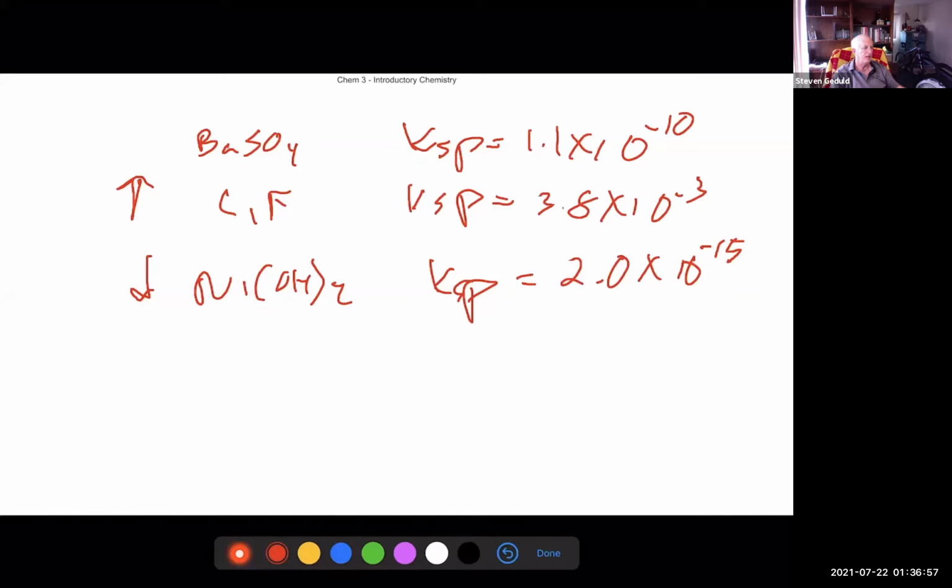And one more thing here. We can also use equilibrium expressions with gases in the same way.